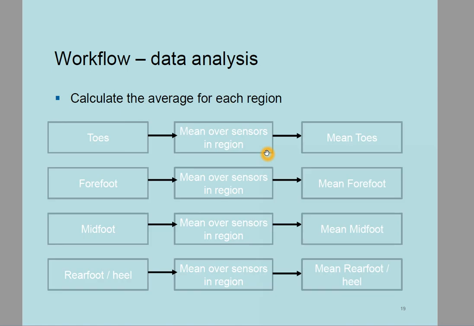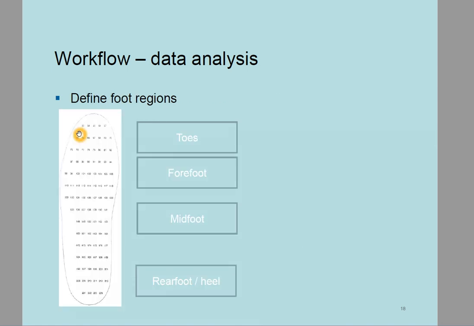After this definition, one thing I want to say is you have to look up where a toe region is during the measurement. So is it in the first 2 sensor lines, or is it only the first one? And as well the heel region, the midfoot region and the forefoot region.